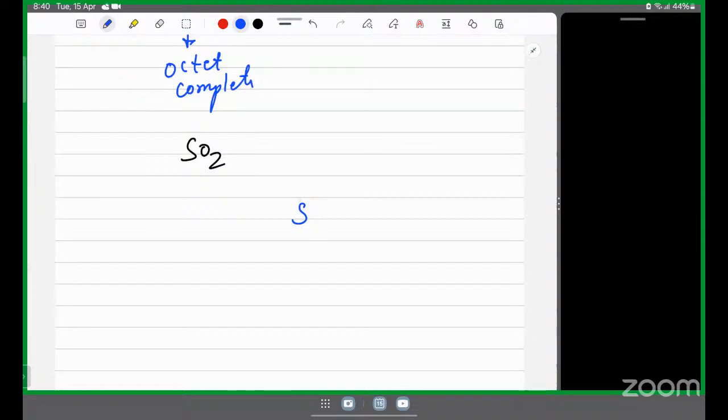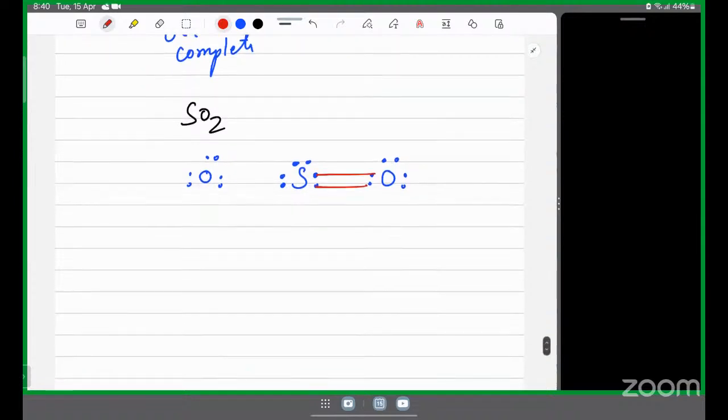S has a total of 6 electrons in its outermost shell. Oxygen also has 6 electrons in its outermost shell. To complete the octet, sulfur will form 2 bonds with oxygen. By these 2 bonds, the octet of this oxygen atom and the octet of sulfur atom will be completed.